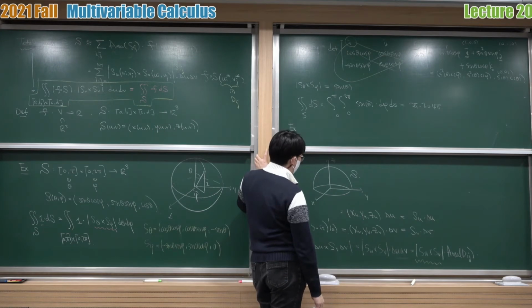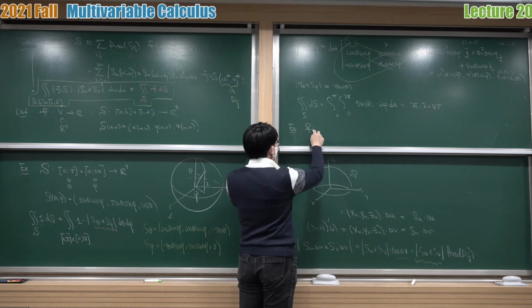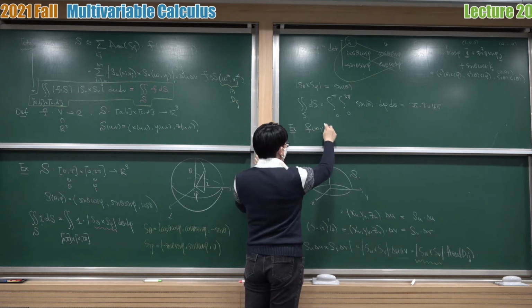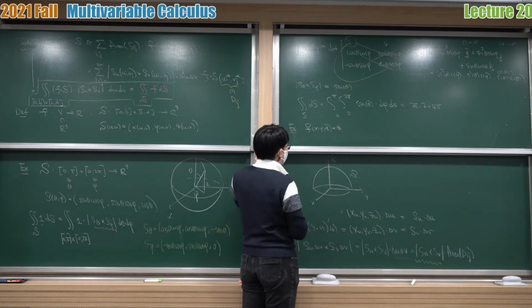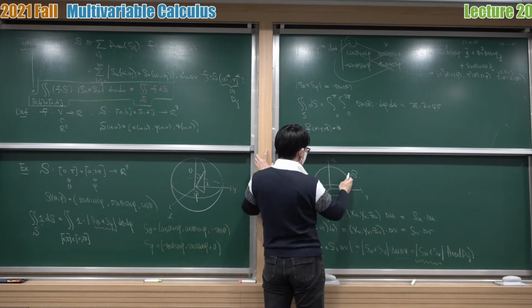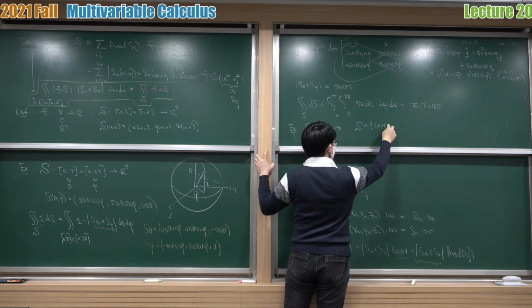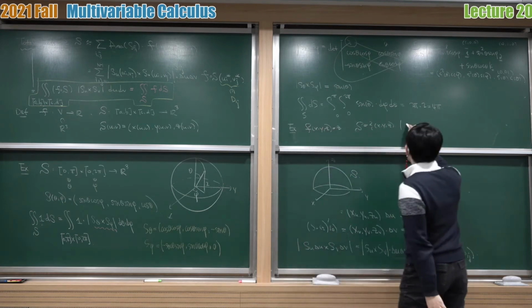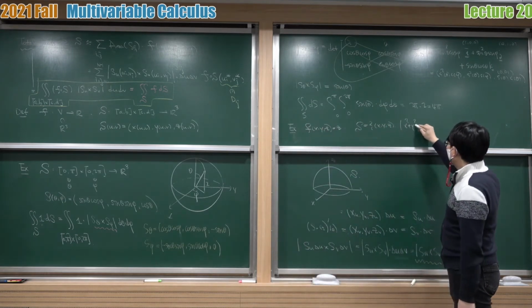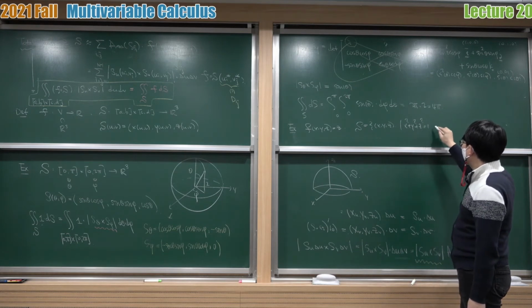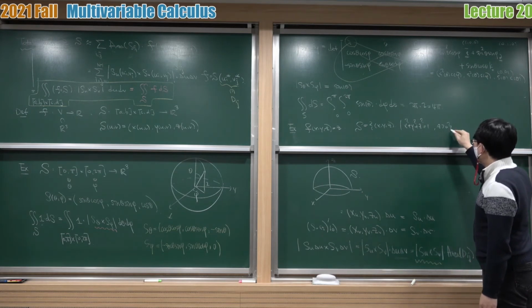Or maybe z. Okay, let's use z. So f(x, y, z) is z, and my S is the upper hemisphere.